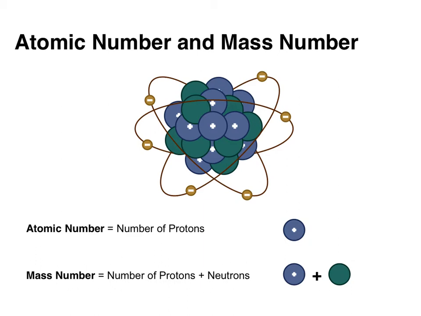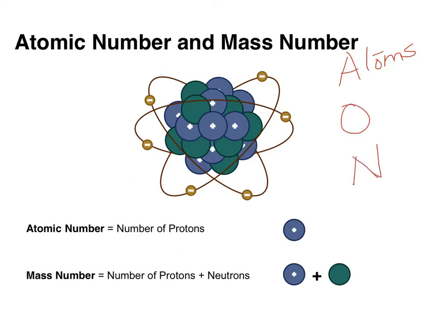On the periodic table we have lots of elements. So how does one element differ from another element? First of all, the elements, like we have learned before, are made up of atoms. So say for example oxygen is made up of oxygen atoms, nitrogen is made up of nitrogen atoms.